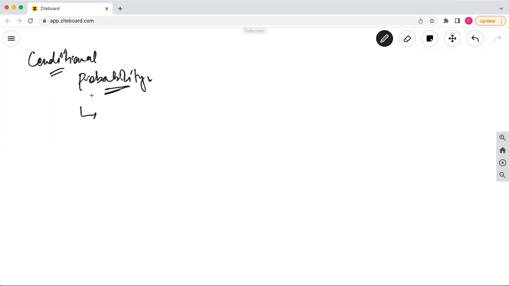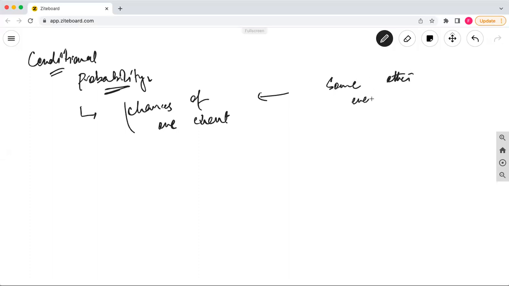In which we are finding the probability of an event based on some event that has already occurred, in which the chances of one event are based on some other event which has already occurred.